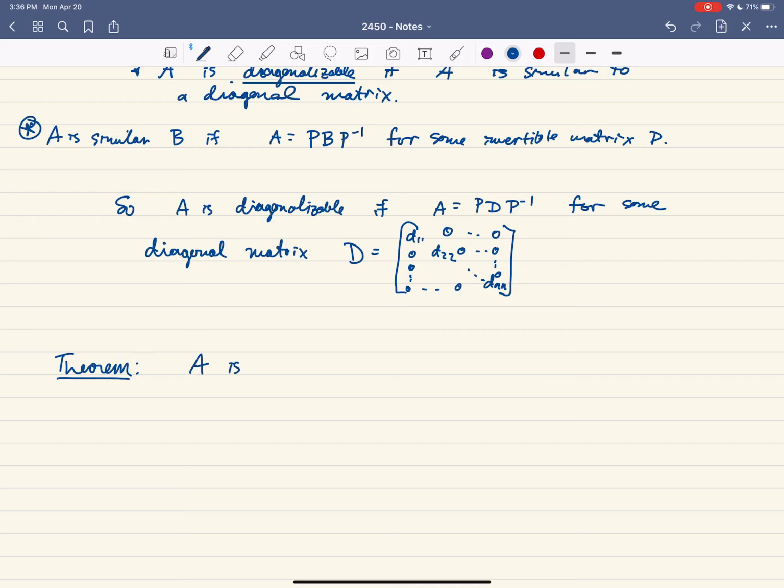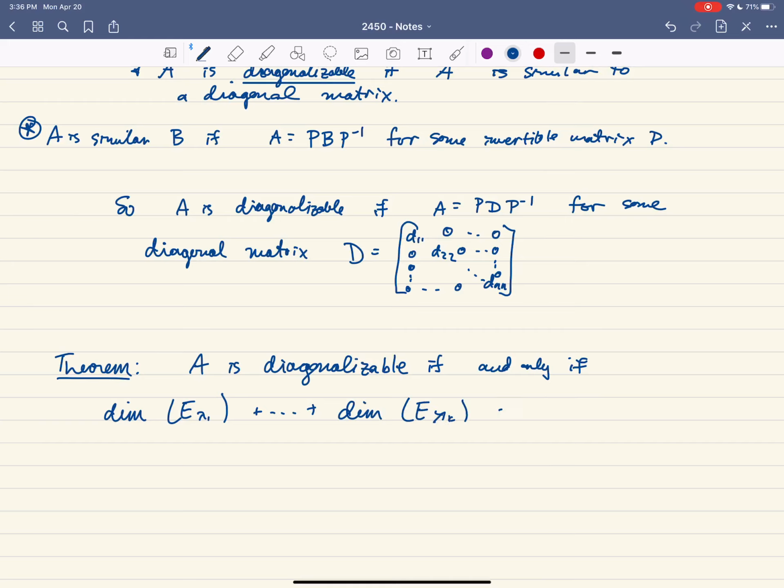It turns out that A is diagonalizable if and only if the sum of the dimensions of the eigenspaces E lambda 1 to E lambda k is equal to n, where A is an n by n matrix with eigenvalues lambda 1, lambda 2, all the way up to lambda k.